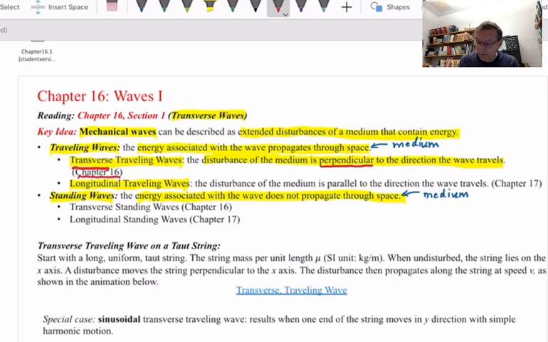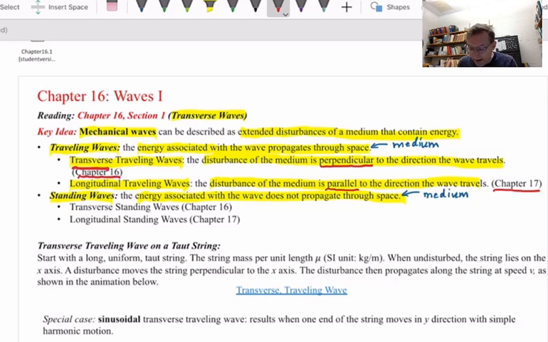And I'll show you a picture and then an animation. A longitudinal traveling wave is one in which the disturbance of the medium is parallel to the direction in which the wave travels, the key word being parallel. And we're going to study longitudinal traveling waves in chapter 17.